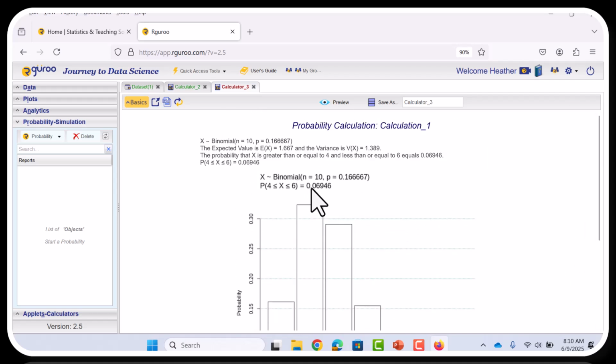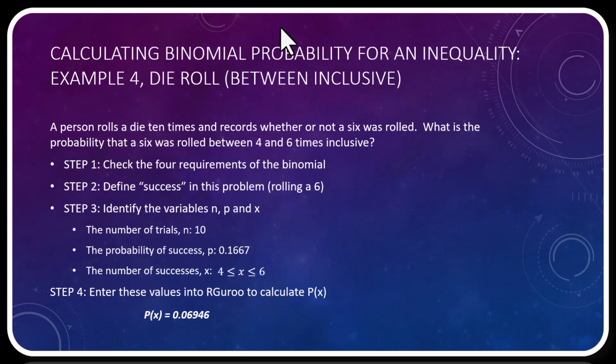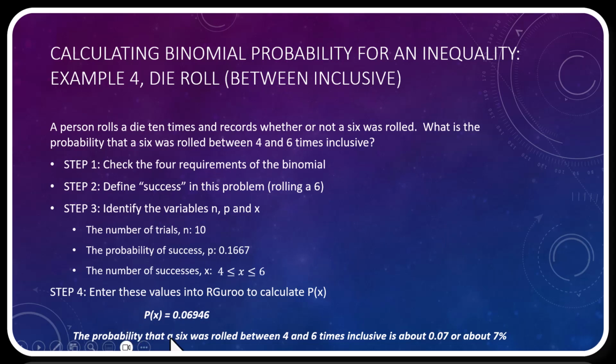So this is about 0.06946. So here's the probability that the technology gave us, and we can round that based on what the problem asks for. So we'll say that the probability that a 6 was rolled between 4 and 6 times inclusive is about 0.07, or about 7%.